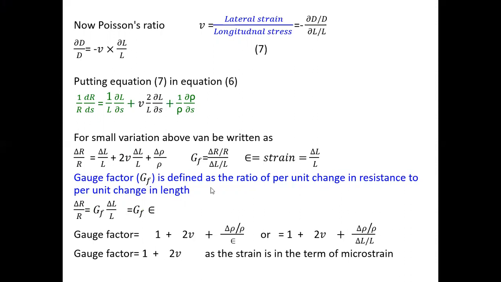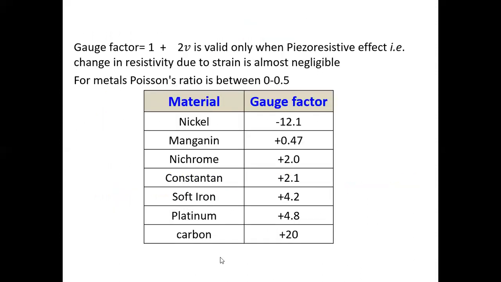The gauge factor is defined as the ratio of per unit change in resistance to the per unit change in length. That is, delta R by R is equal to GF into delta L by L, which is GF into strain epsilon. Then the gauge factor is 1 plus 2V plus delta rho by rho upon epsilon, or 1 plus 2V plus delta rho by rho upon delta L by L. Also, the gauge factor is 1 plus 2V, with strain in terms of microstrain.